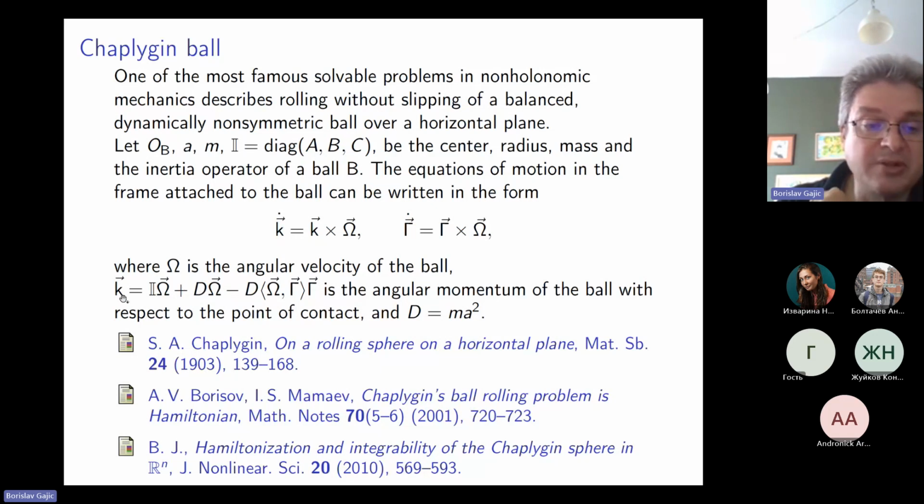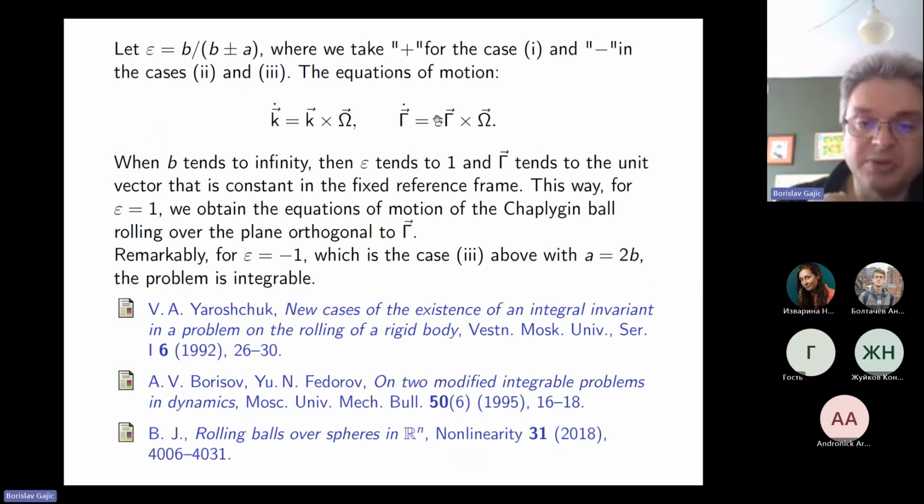So k is the angular momentum given by the operator of inertia, but when we put d equal to 0, this term disappears, and these are Euler equations, which are Hamiltonian. In the second equation we have 1. Here we have epsilon, which depends on the ratio of the radii of the balls.